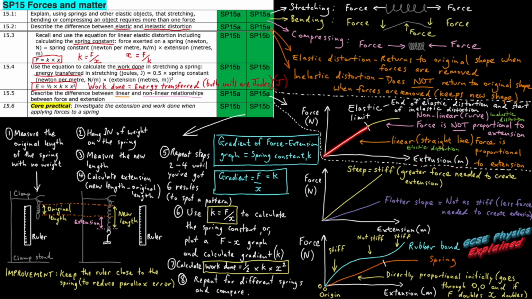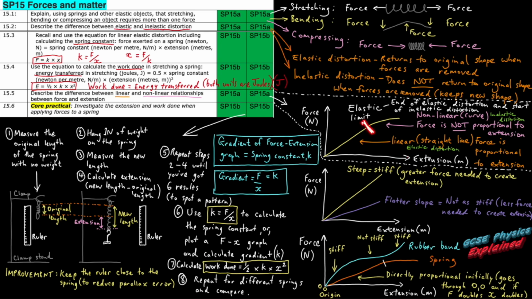Now at first it will extend proportionally. So the force is proportional to the extension, and you can tell because it's linear, in other words a straight line. Now that's what we'll call the elastic distortion. So if you were to take the force off, it would go back to its original shape.